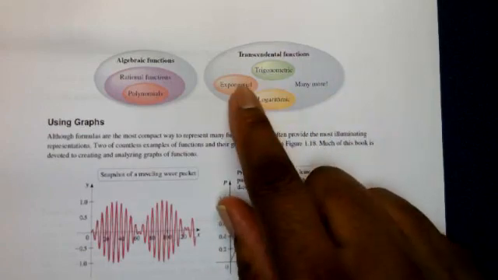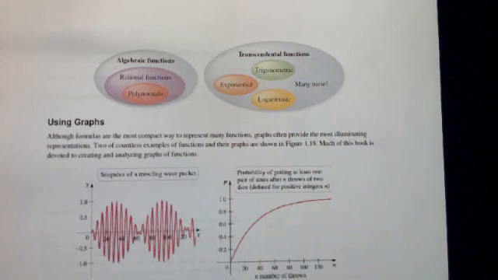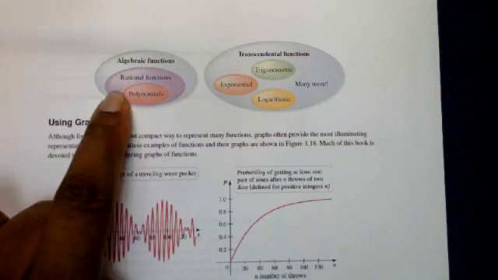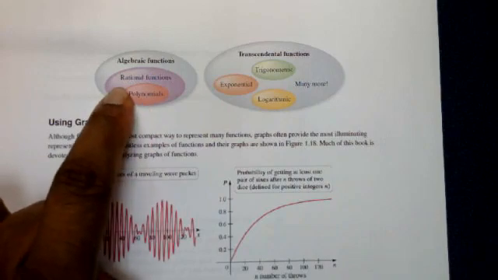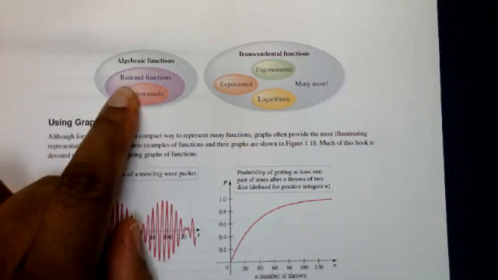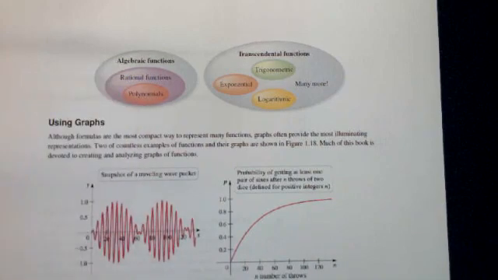But in this course, we're just going to focus on these 3. And on the left, you'll see your polynomials fall under rational functions, and rational functions are algebraic functions as well. So polynomial and rational functions are algebraic functions.